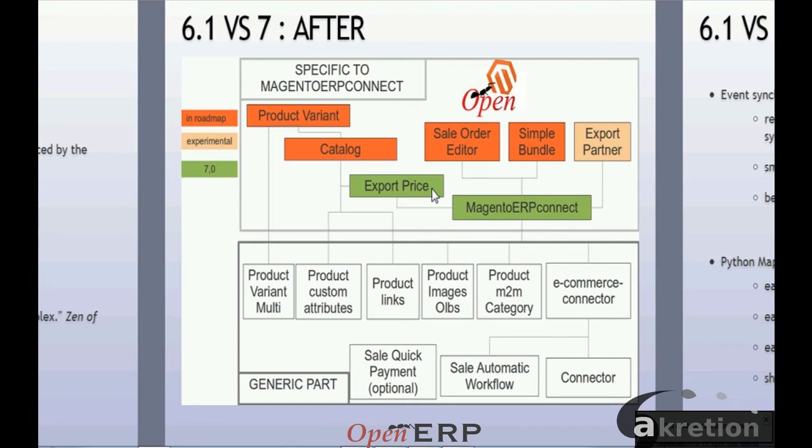But just to show you, there's a very simple module that is called Magento Connect. We have more generic pieces of code now with the new version. We replaced the PSM channel with the e-commerce connector and the standard referential with the connector.